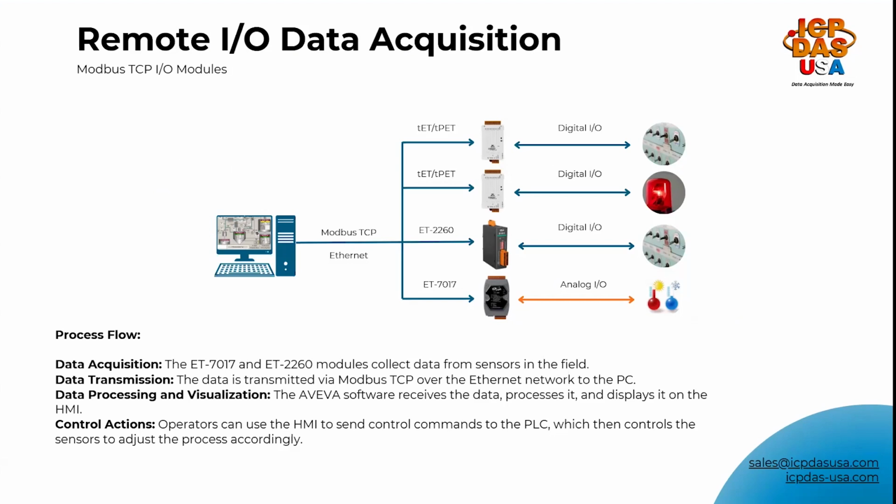AVEVA Edge provides a visual representation of the process, allowing operators to monitor data, control operations, and interact with the system in real time. And during this time, I will hand this off to Mary Alice, who will give us a better understanding of AVEVA Edge and its role in the industrial automation industry.